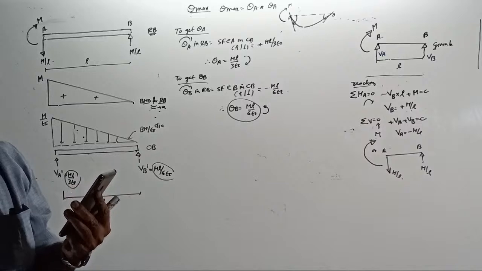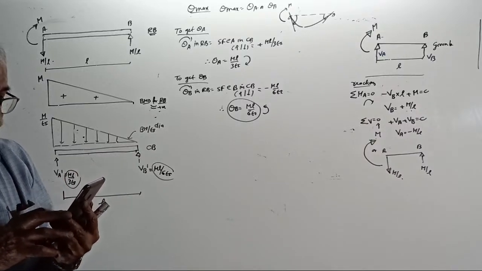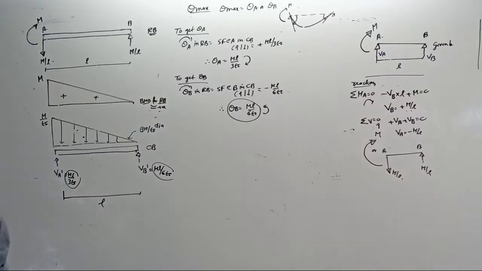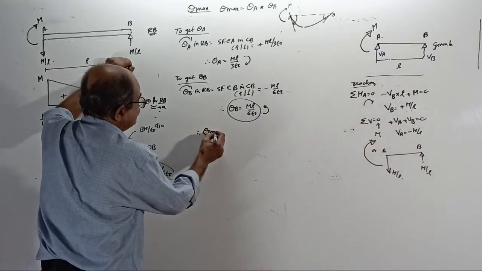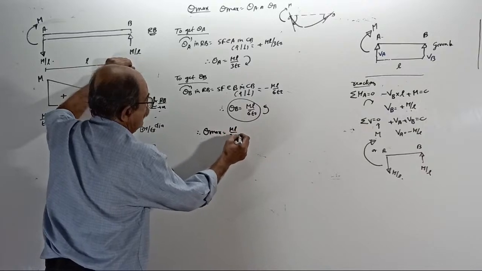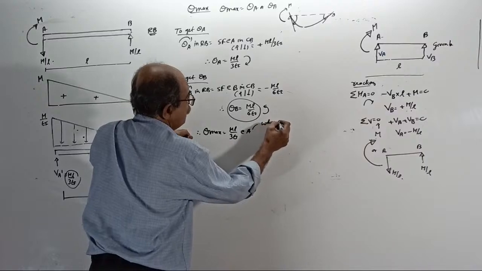I already announced this in the beginning. Therefore, your theta max equal to ML by 3EI. Where? At A, which is where the couple is applied.